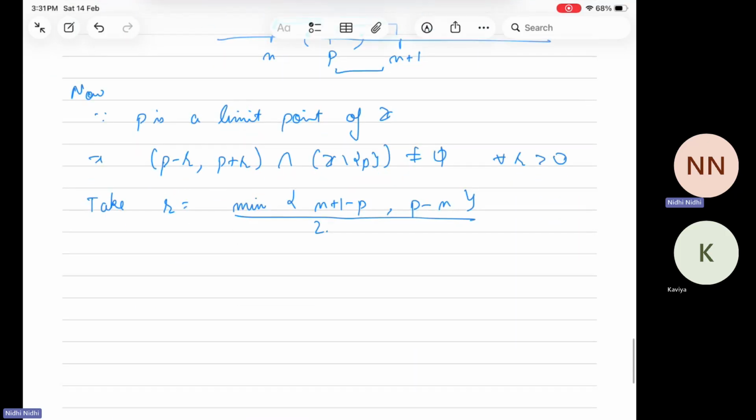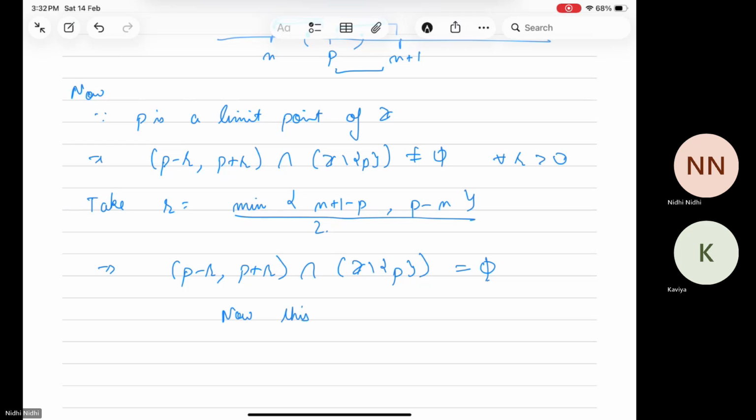Now this implies (P minus R, P plus R) intersection Z minus {P} is empty. Now this gives us a contradiction. Hence both the cases fail. What does that mean?